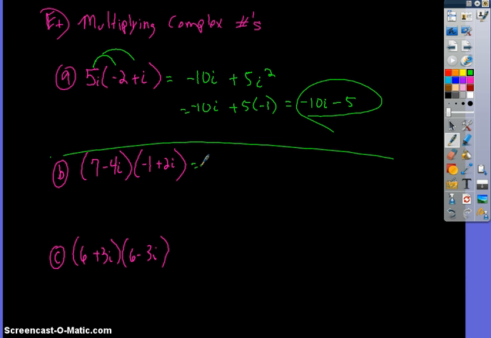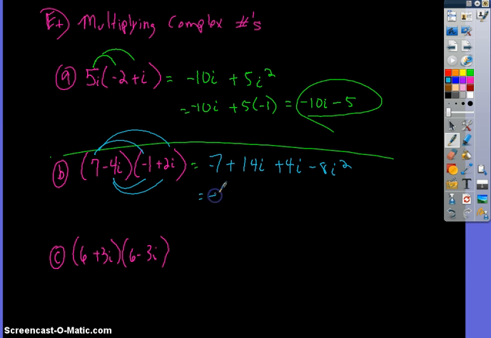And these, we want to fold those together. When we do, you distribute 7 to each one, making it a 7, negative 7, and then plus 14i. And then distribute the negative 4i to both, making it a positive 4i and a subtract 8i squared. These are like terms, so they can combine. That has an exponent, that's really negative 1.